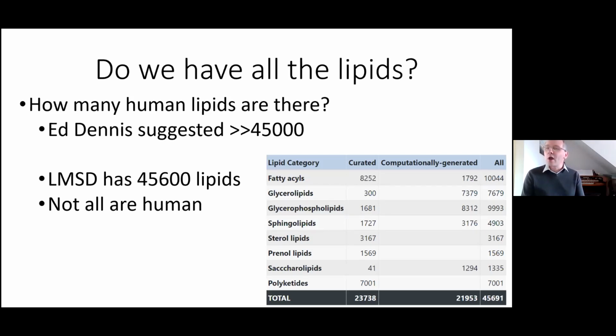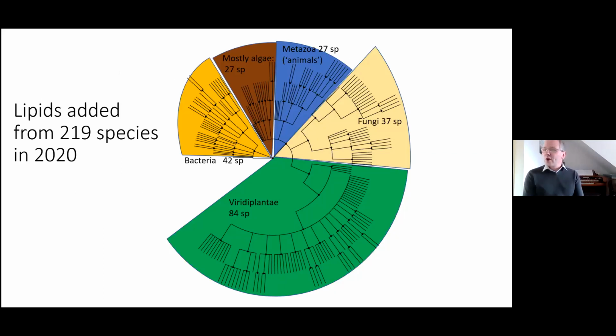And when I say not all are human, over the course of 2020, we added lipids from 219 different species. And actually, I made this diagram in October 2020, so it's probably more than that. So we very definitely don't have all the lipids which exist out there in nature as yet.